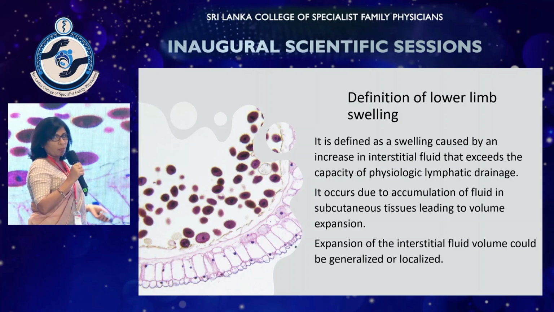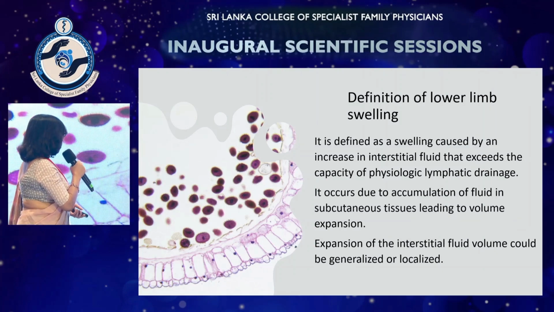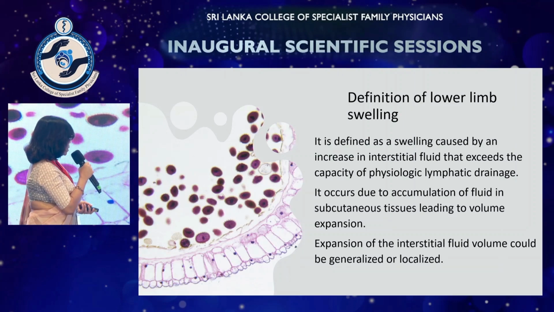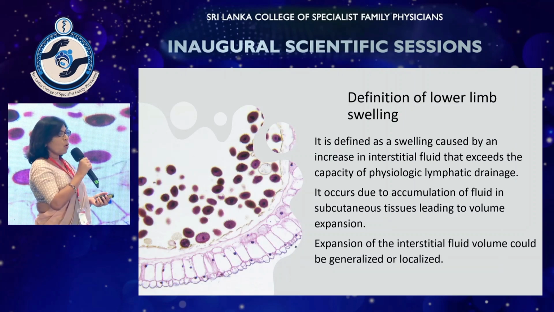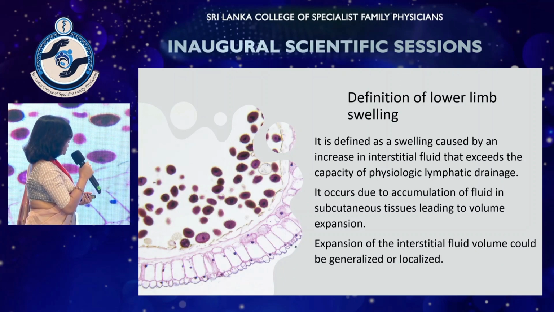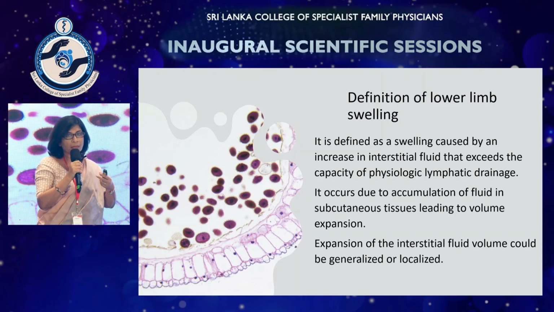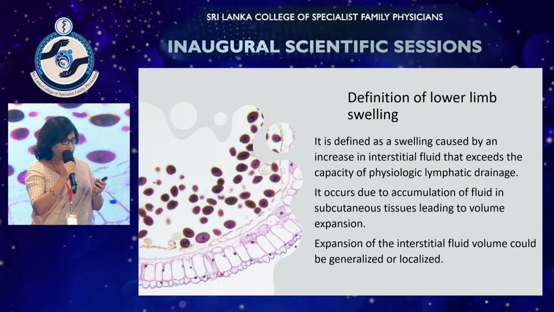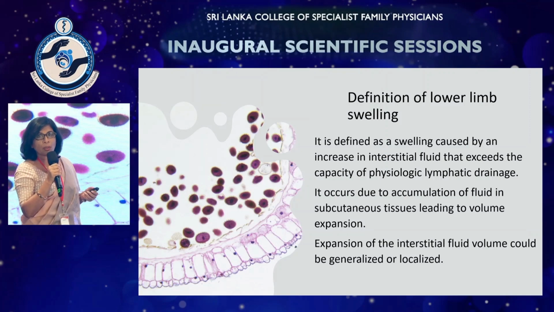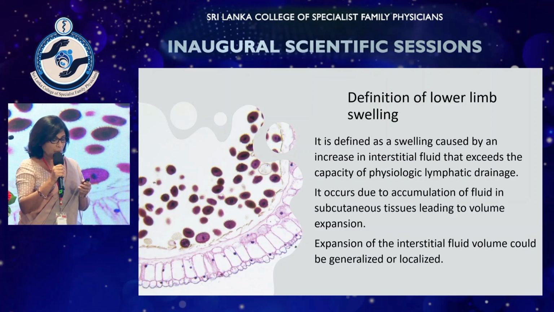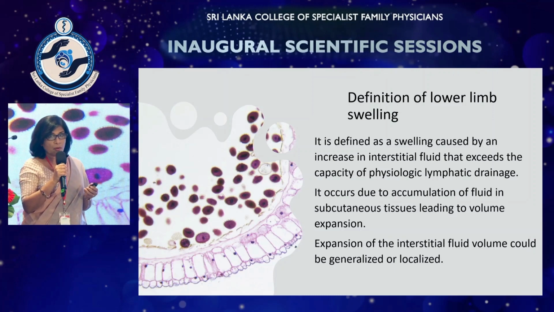It occurs due to accumulation of fluid in the subcutaneous tissues leading to volume expansion. Expansion of the interstitial fluid volume could be generalized or localized. That is why the patient comes with either a localized swelling or a generalized swelling. If you don't understand the physiology, it's very difficult to find the pathological reason for the swelling.